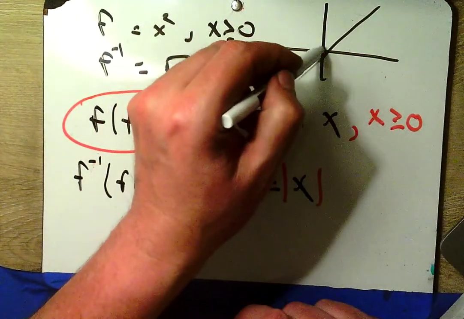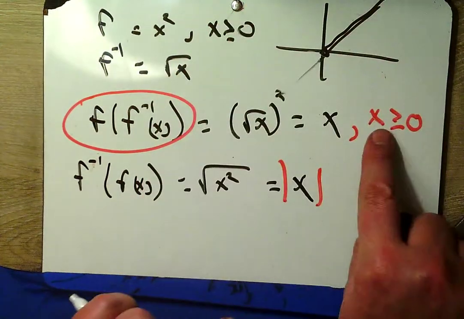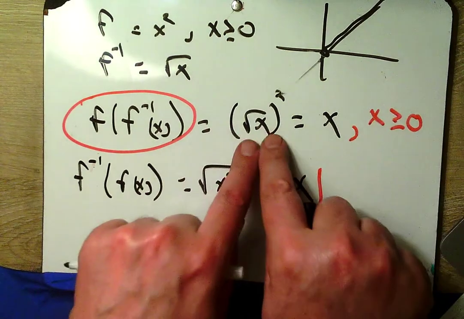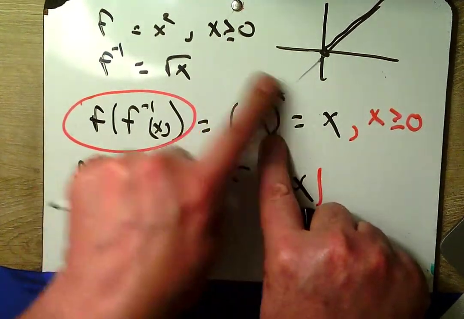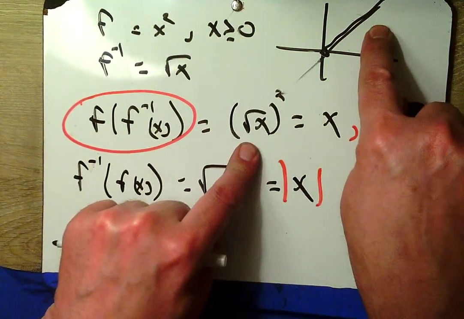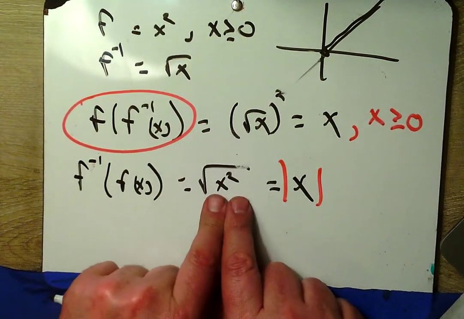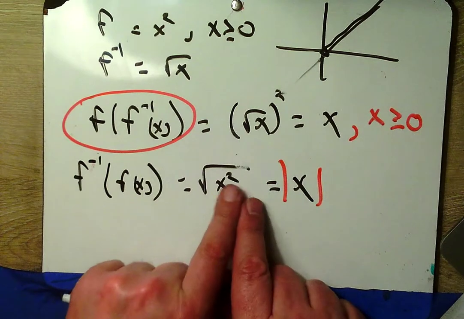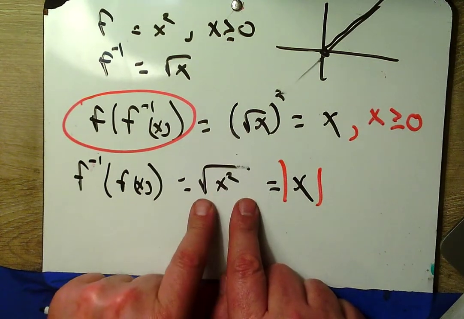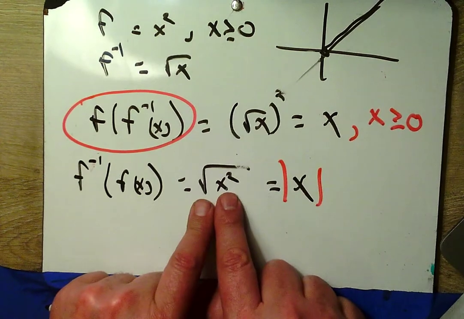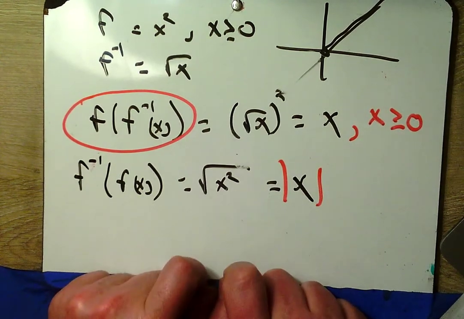I only get y equals x for x values greater than or equal to 0. If I graph this on my calculator as written, I get this picture. And over here, what's happening? Well, what happens if I plug in -1 here? -1 times -1 is +1. Well, I get a 1 out. And if I plug in a +1, I also get a 1 out.